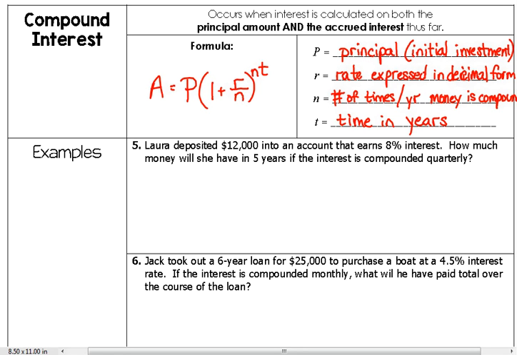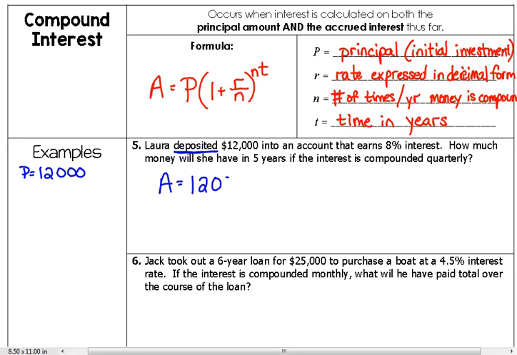Okay, so let's look at an example. Number 5. Laura deposited $12,000 into an account. Deposited is a key word for her initial investment. So over here to the side, I'm going to write P equals 12,000. Or if you want to start filling in your equation, you can do that.